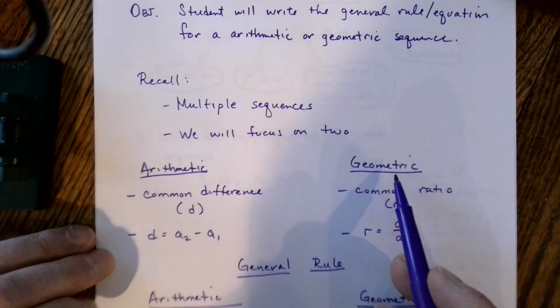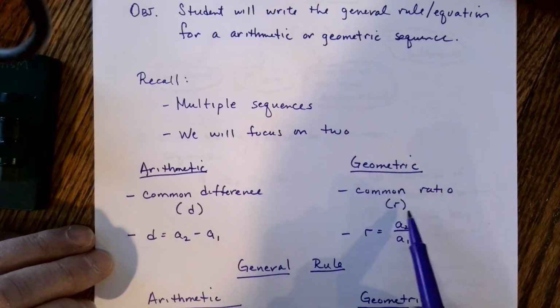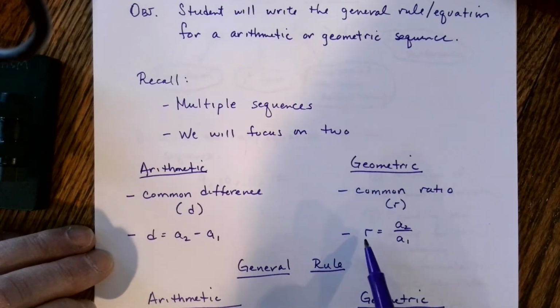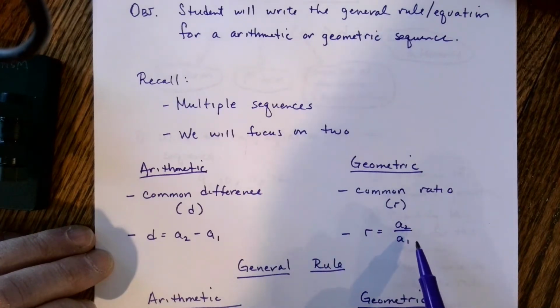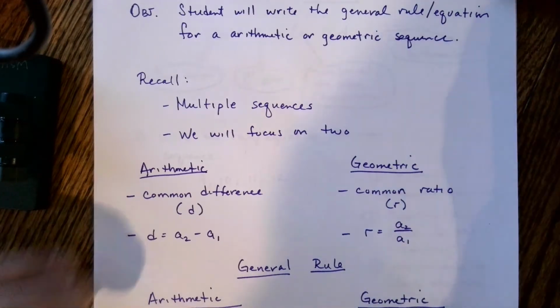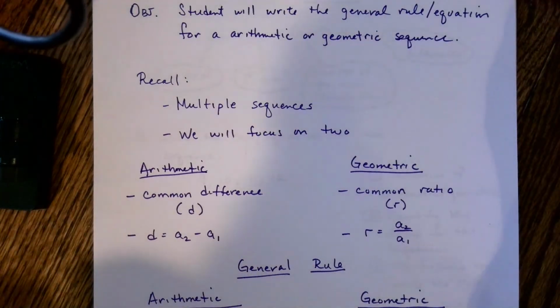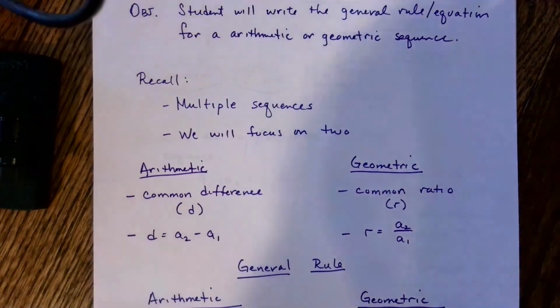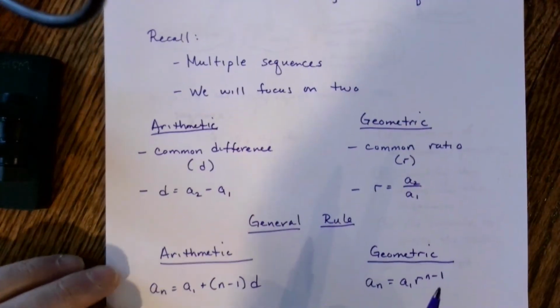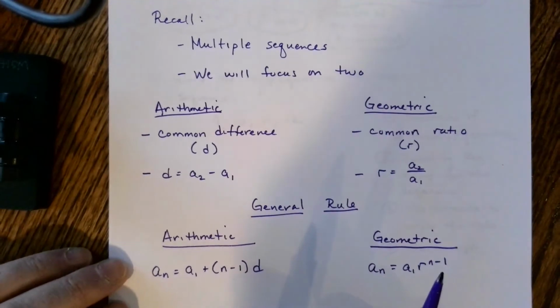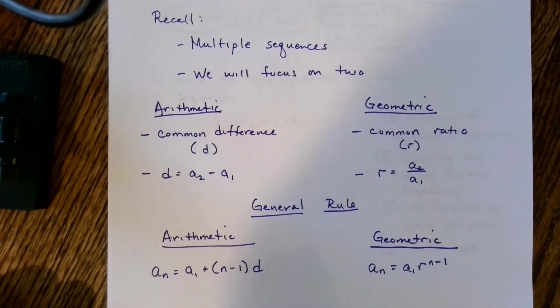The geometric sequence has a common ratio which we call r, and r can be calculated by taking the second term's value and dividing it by the first term's value. Now keep in mind that because an arithmetic or geometric sequence has a common difference or a common ratio, there's a general rule or formula we can use.